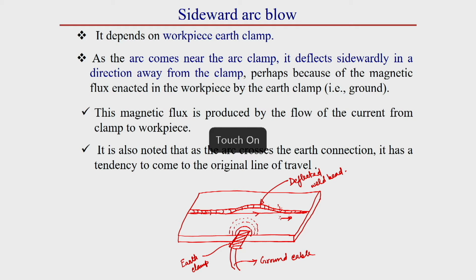Now, we will see the different effects of arc blow and the remedies for arc blow, which we should also know. Apart from this, we should know what arc rotation is. In the last cases we observed that the arc was deflected in the forward, backward or sideward direction. Here, not only is the arc deflected, it is also rotated.